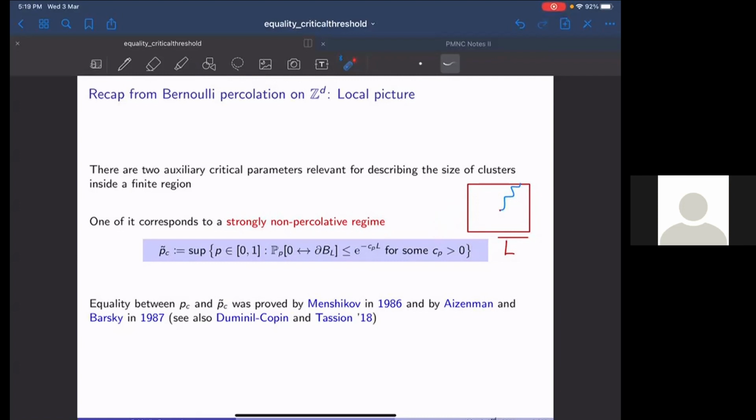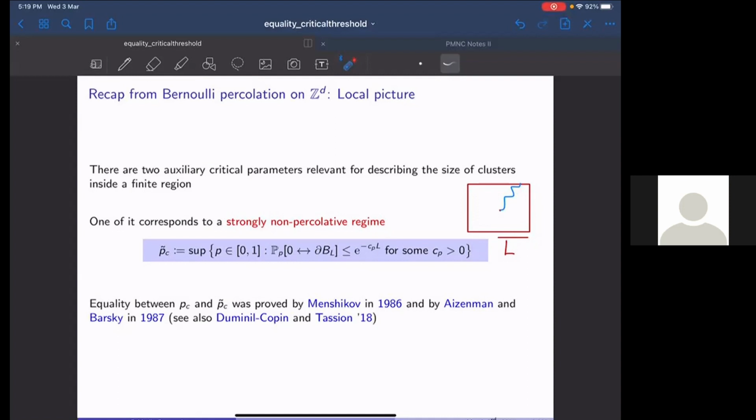What is the consequence? One of the immediate consequences is that all the open clusters in this phase typically have logarithmic size. If you look at a finite box of size n, the largest cluster will typically be of order log n, logarithmic in n.